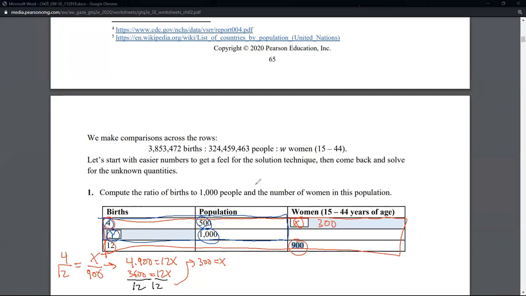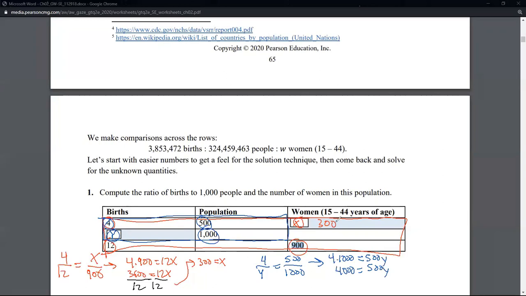Perfect. So that gives us our equation. I can go 4 over y is equal to 500 over 1,000. Cross multiplying, you'll get 4 times 1,000 is equal to 500 times y, which is 4,000 equals 500y.